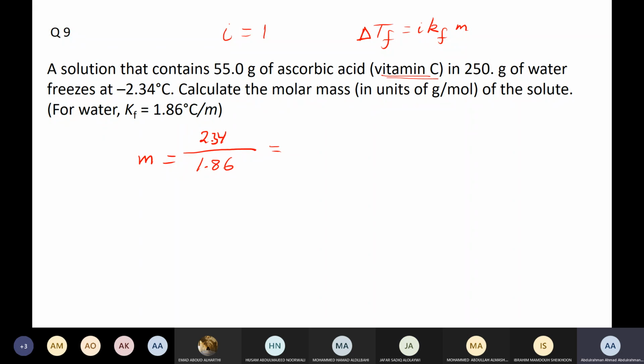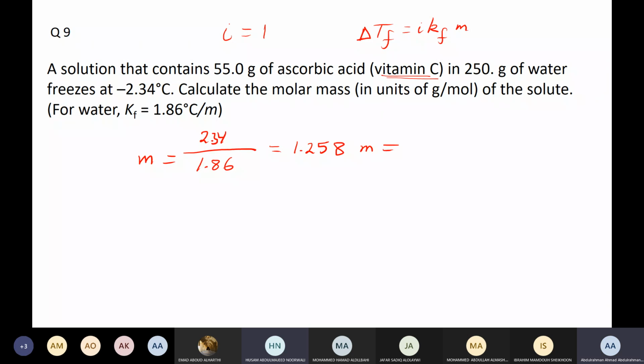Give me the answer. 1.258 molar. Who got the same answer? I got it. Okay, good.